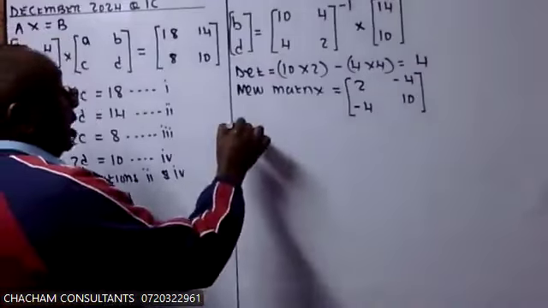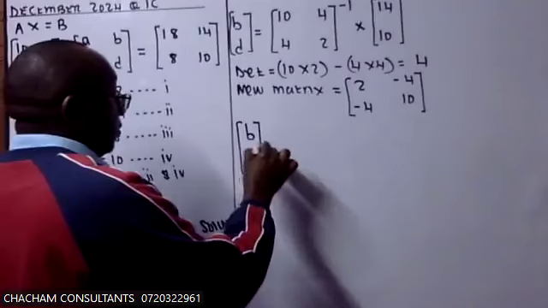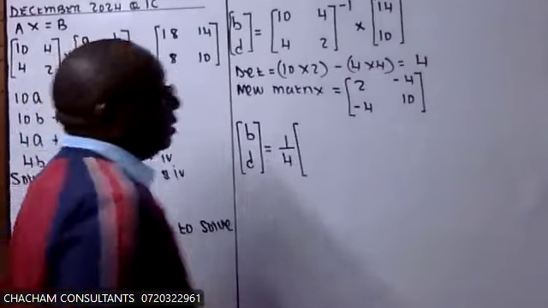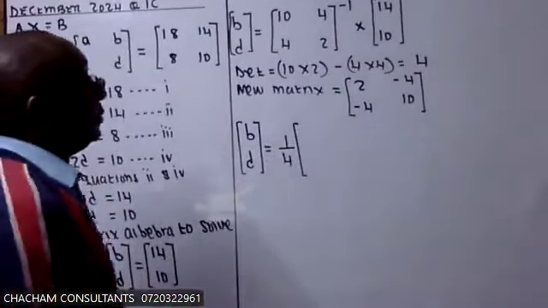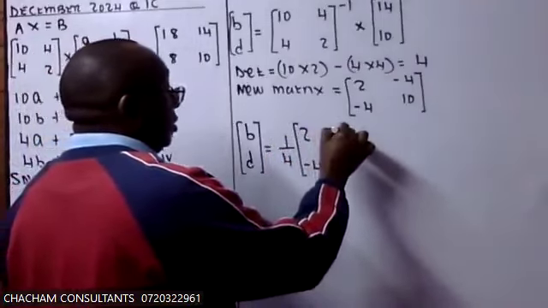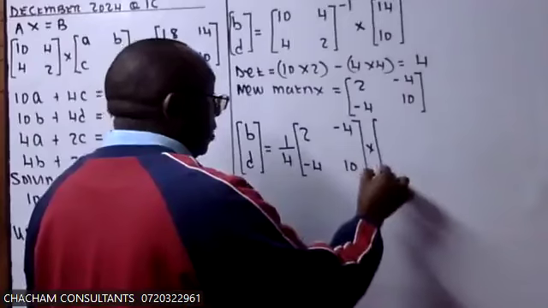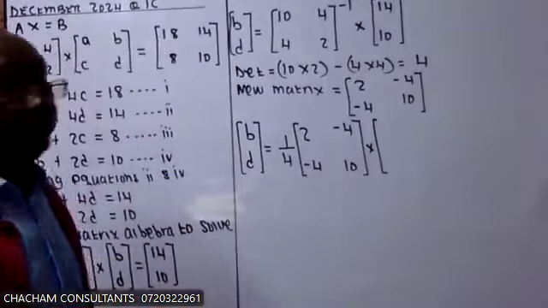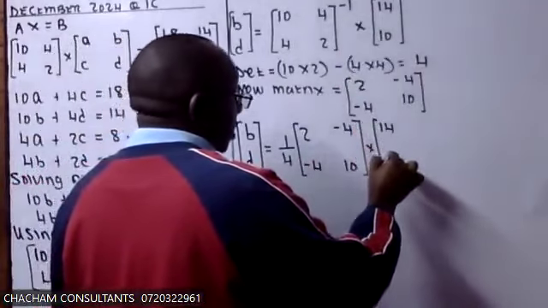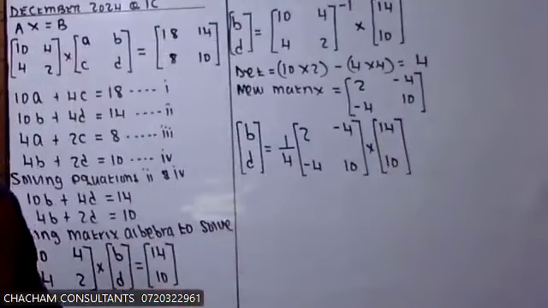So with that, you proceed here and say B, D, 1 out of the determinant. You have the new matrix, which is 2 minus 4, then minus 4, 10, multiplied by this one, which was 14 and 10.